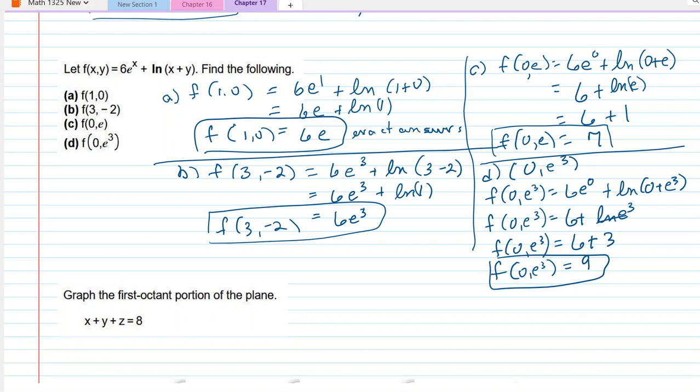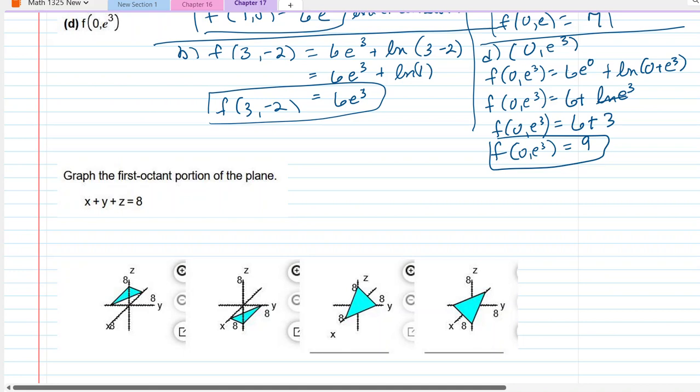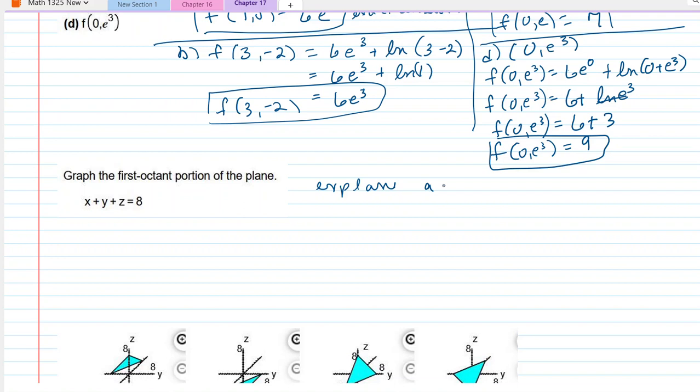All right. So now we're going to talk about graphing, and I only picked a couple, and the couple is only to explain a three-dimensional plane. And we're going to start right there. Because we have x, y, and z, we do z as the vertical.